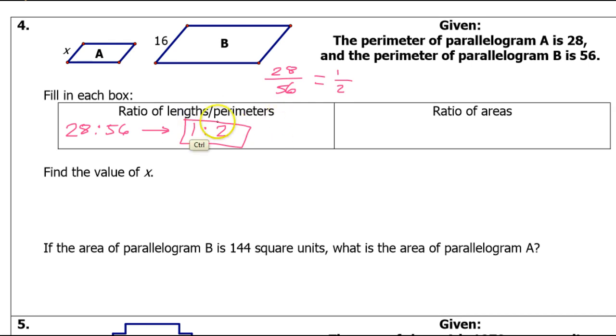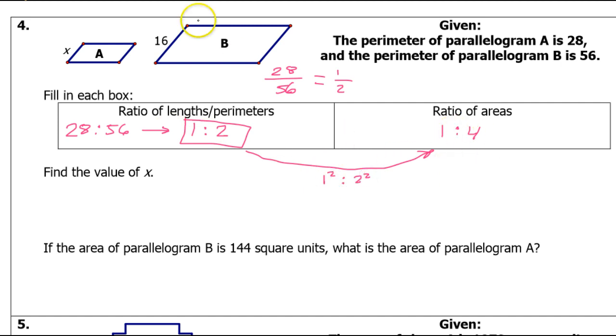So if the ratio of the lengths is 1 to 2, the ratio of the areas is going to be 1 to 4. Because to get the areas, you have to square these. So we're doing 1 squared to 2 squared.